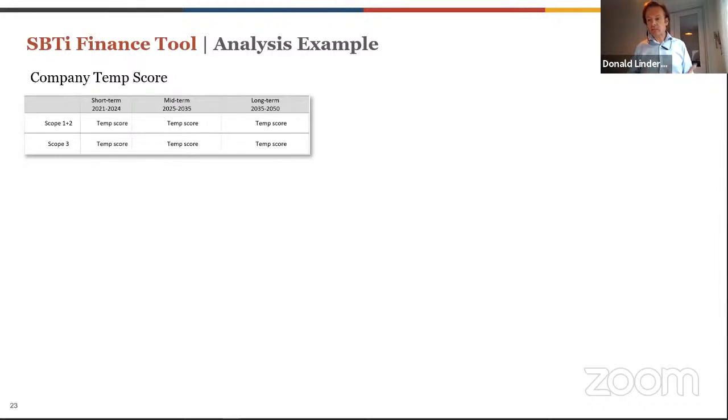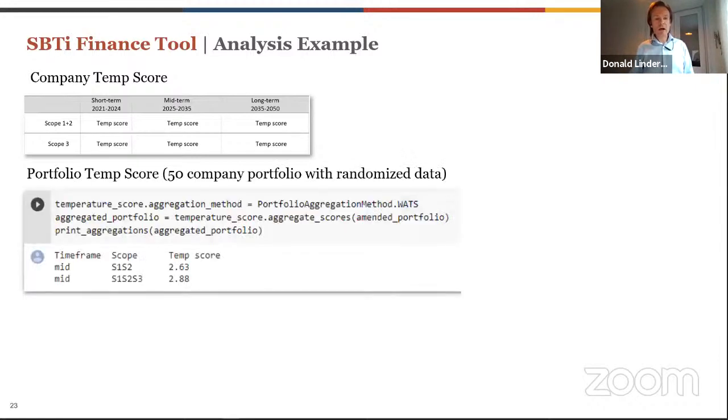So in this example, we are going through a company temperature. We get a company temperature score. As we talked about before, the tool produces a portfolio temperature score. In this case, we're running this on a 50 company portfolio with completely randomized data, as I said.